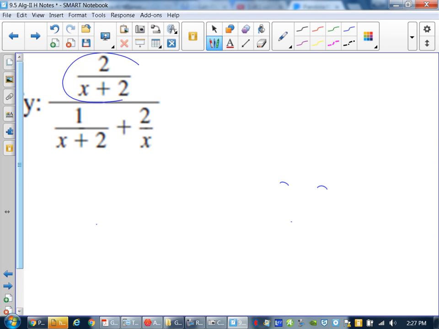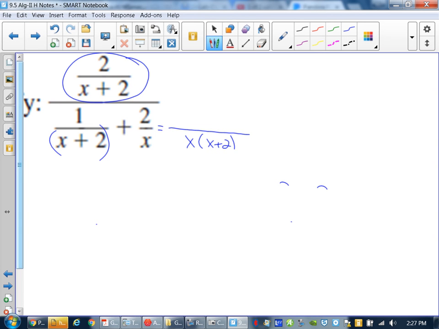The numerator part here, is there anything that I need to do? No. But there's something I have to do here, isn't there? What's my common denominator going to be between an x plus 2 and an x? Do they have anything in common? An x. Could you multiply by like x? Can't do that. It's going to be x times x plus 2.